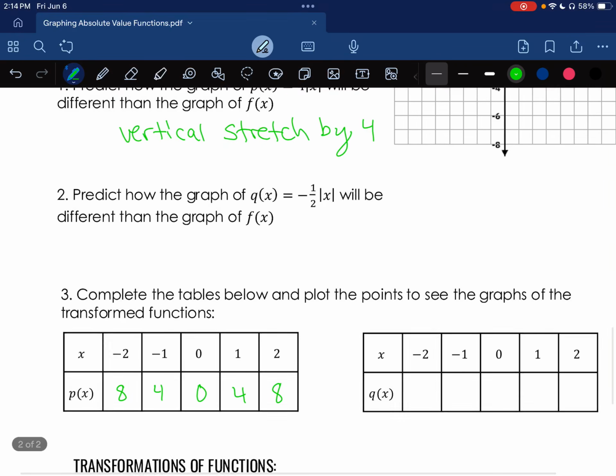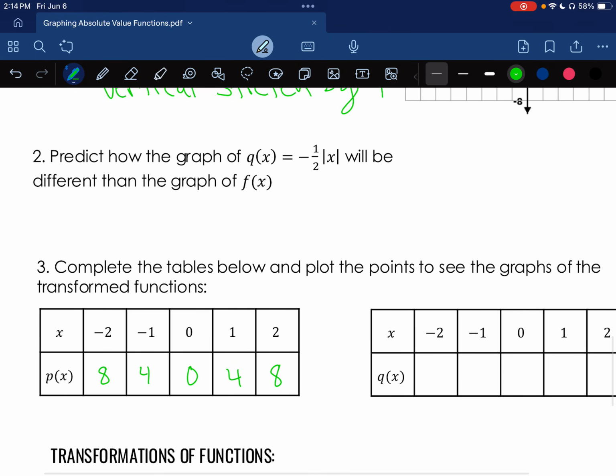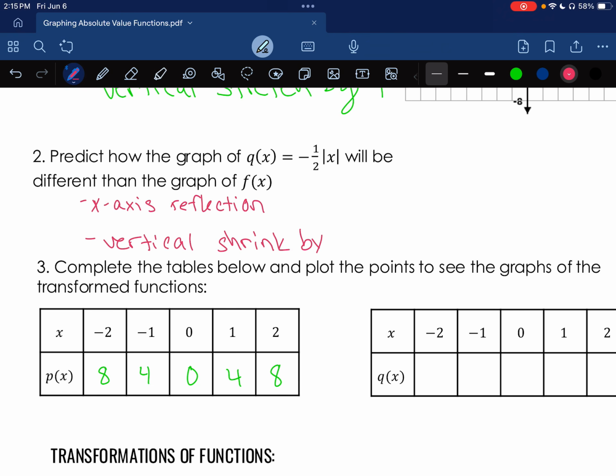It has an x-axis reflection and a vertical shrink by 1/2. If those aren't the terms that you use, that's okay. This is the first time we are experiencing this vocabulary, and we'll talk all about it in just a minute.